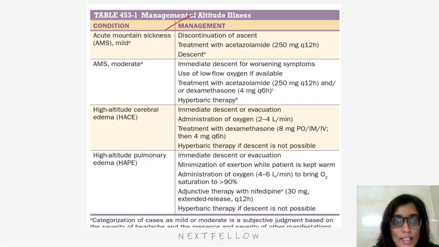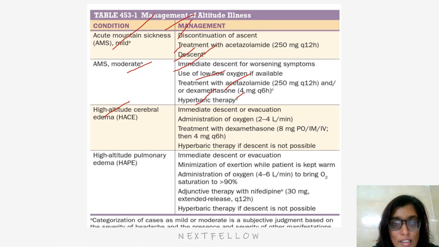Management of altitude illness. Acute mountain sickness, mild: discontinuation of ascent, treat with acetazolamide 250 mg and descent. Moderate: immediate descent for worsening symptoms, use low flow oxygen if available, treatment with acetazolamide and dexamethasone 4 mg every 6 hours, hyperbaric therapy.